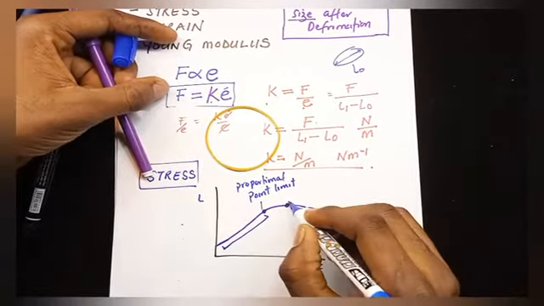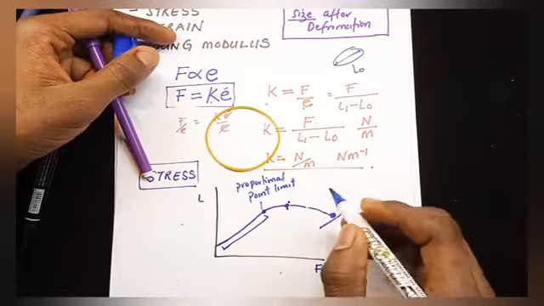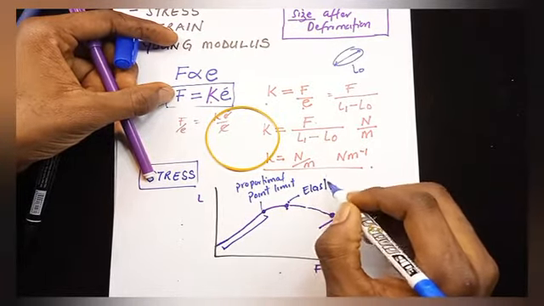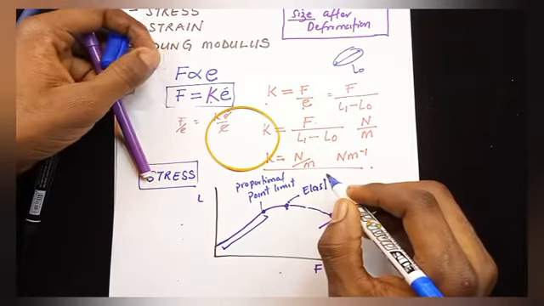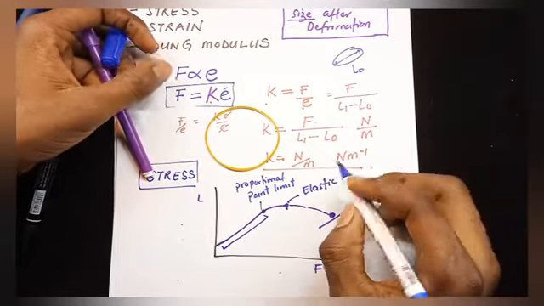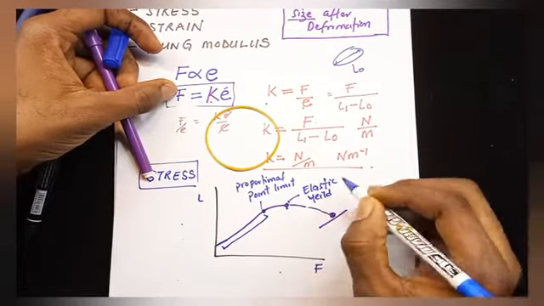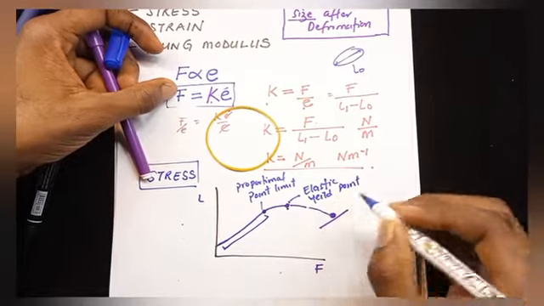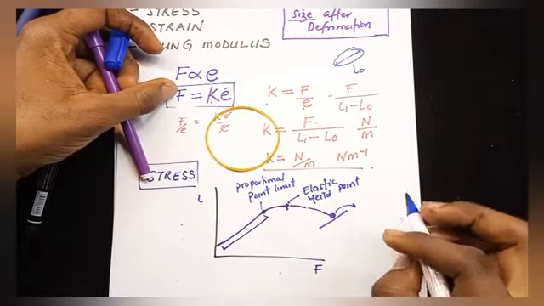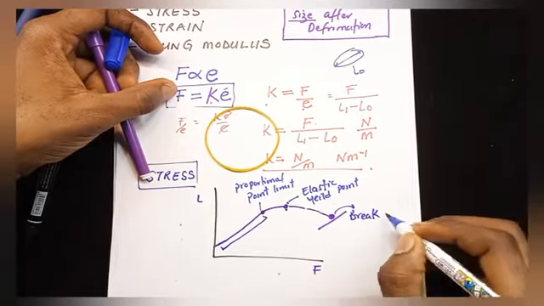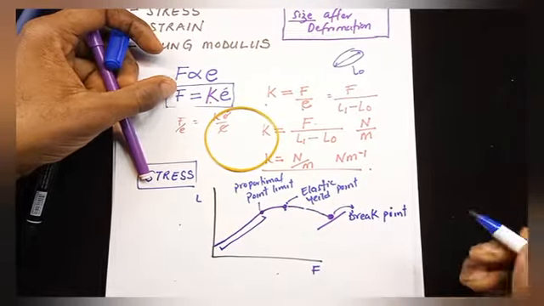This point at which all the elastic property of my rubber band is lost is known as the elastic limit, or the yield point, labeled in some textbooks as the elastic limit or the yield point. This point at which it breaks when I add more force is regarded as the break point, or fracture point. Fracture means to break, all right?